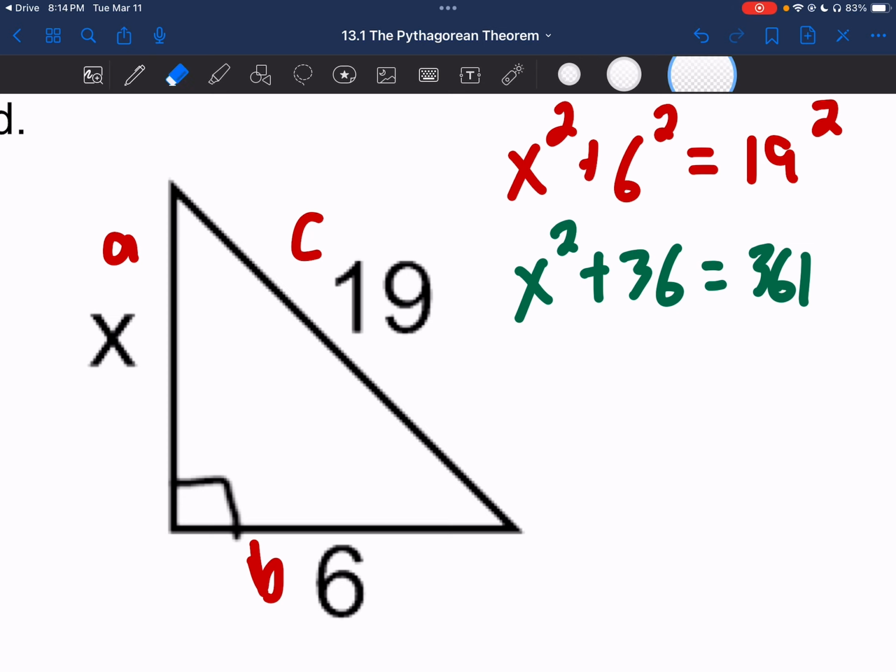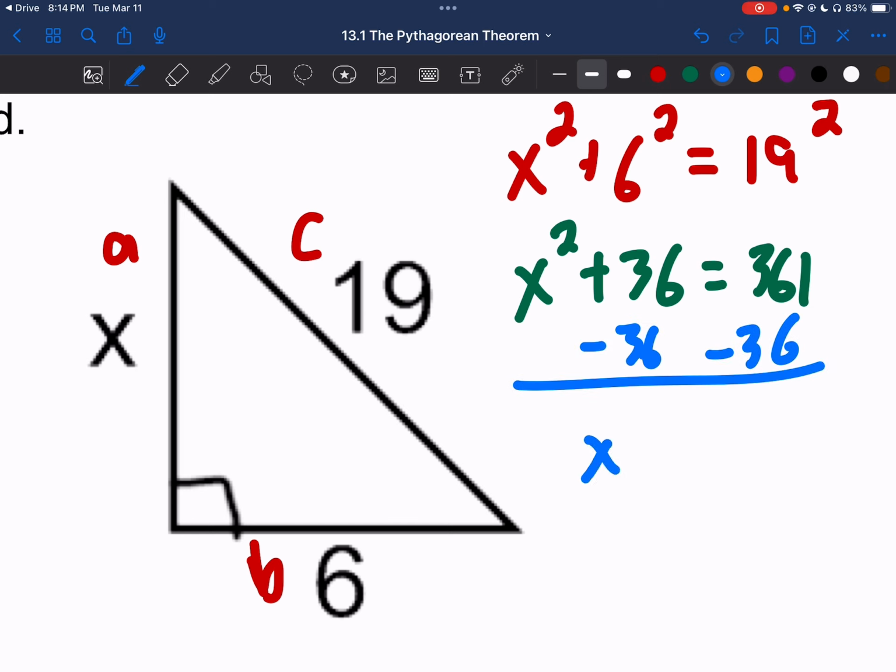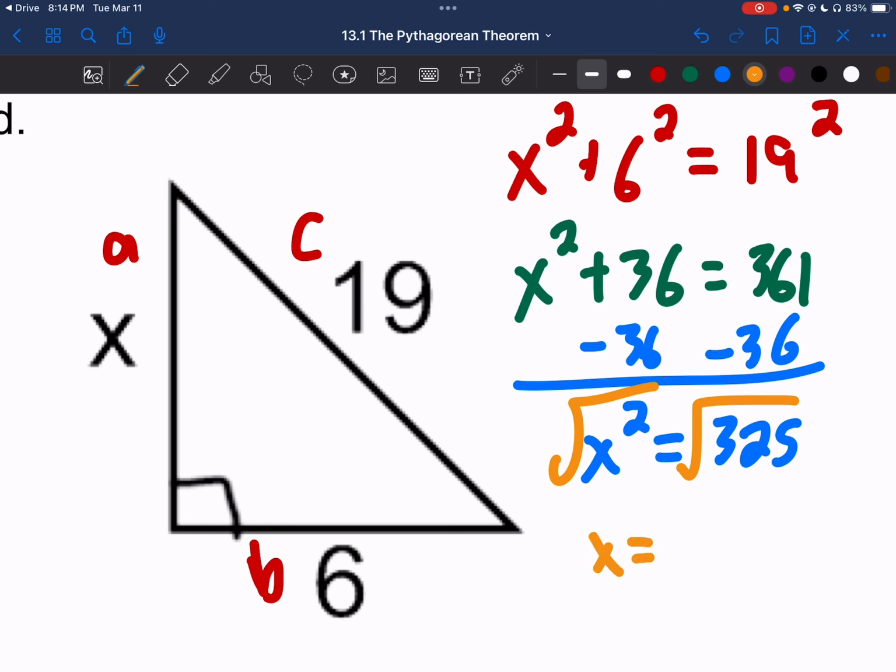All right, so now we subtract 36 from both sides, and we get x squared is equal to 325. Take the square root of both sides, and x is going to be equal to approximately 18.03.